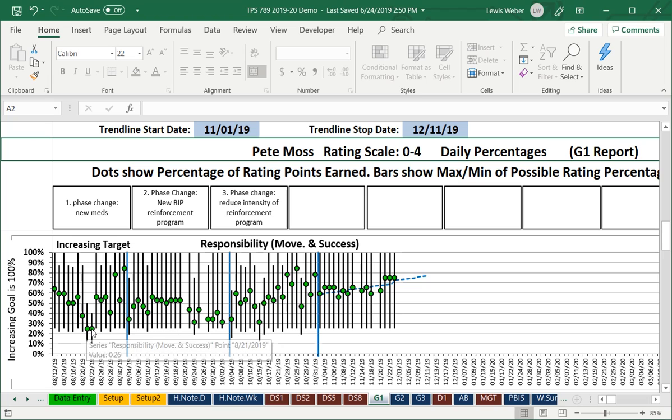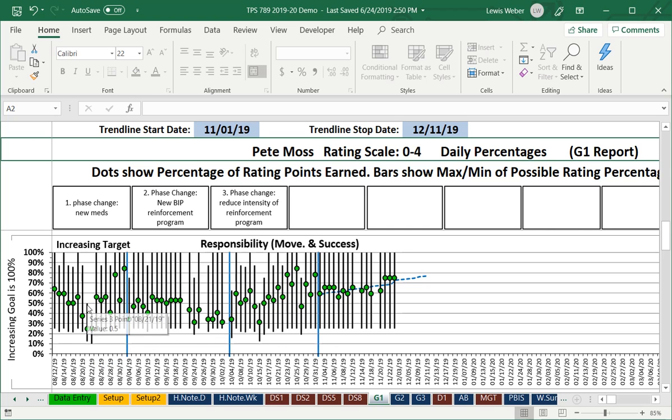So even though the dot percentages are the same, turns out that his intensity, or the range of the ratings of responsibility, actually increased. Because here the dot is kind of in the lower third. Here the dot is in the middle of this vertical line. So the percentage is the same, but the percentage is obscuring the real effect that's going on.